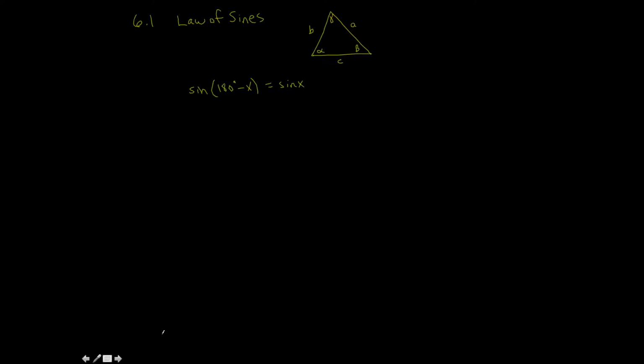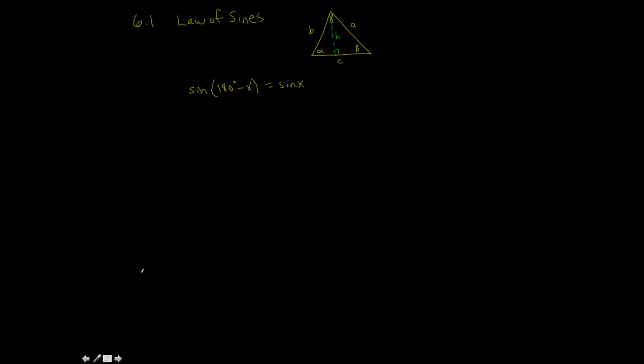So watch what I'm going to do here. I'm going to drop a height or an altitude. We're going to call that h. And make this into two right triangles.